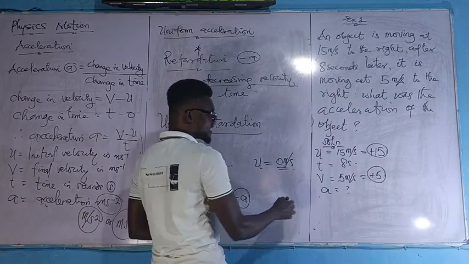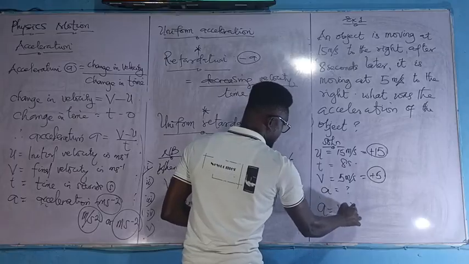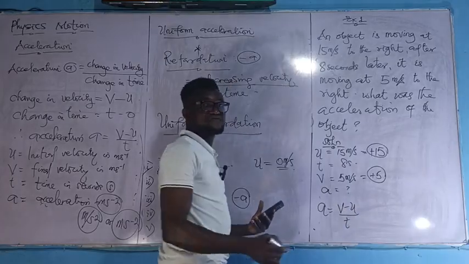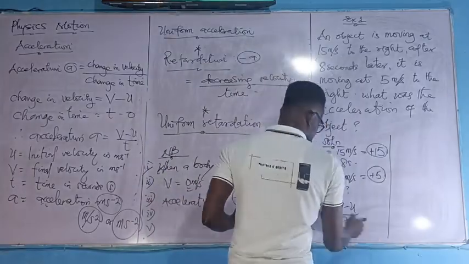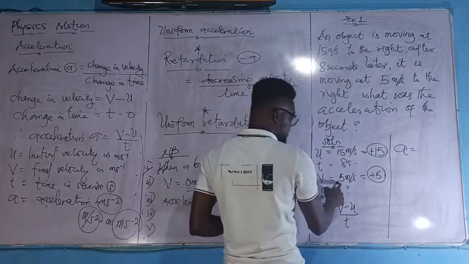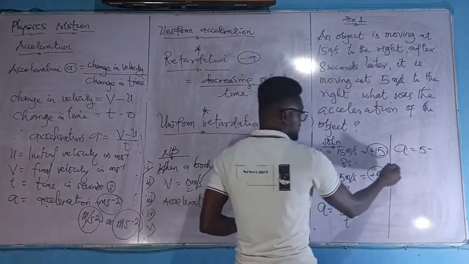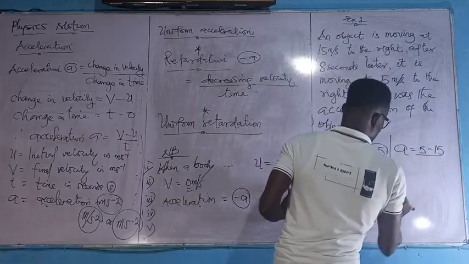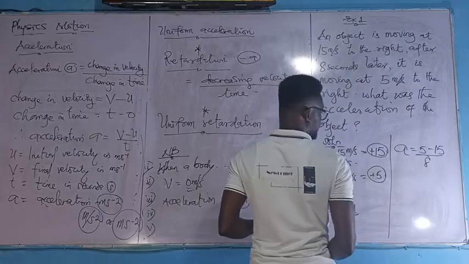Now the formula of acceleration is a equal to change in velocity all over time. Then if you do the substitution there, acceleration, final velocity we have 5, minus initial velocity, we have 15, all over time interval, we have 8.